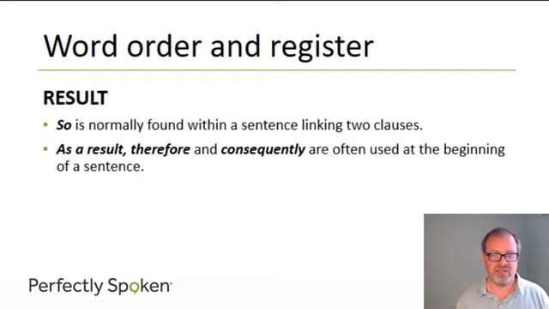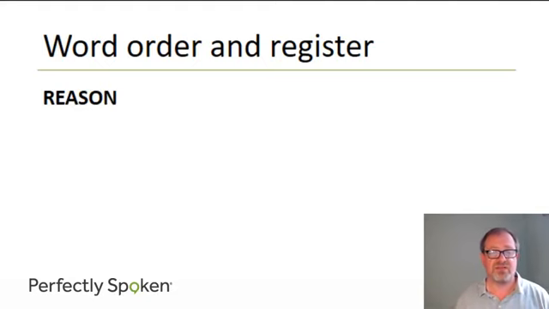So if we take an example, I didn't have enough money, so I decided to stay at home. Okay, I didn't have enough money and I decided to stay at home are two clauses within the sentence, so links them within the sentence.